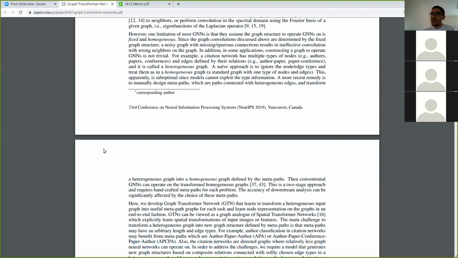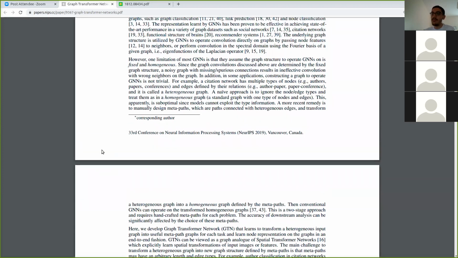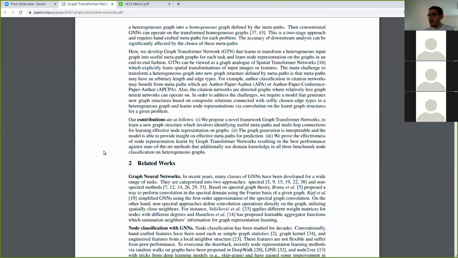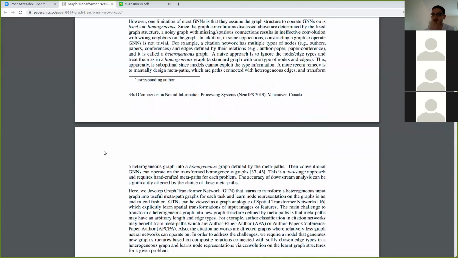Another way this is dealt with is with something called metapaths. There is a notational description later, but at a high level, metapaths are paths in the graph connected by heterogeneous edges, that represent some meaningful connection between your different node types.